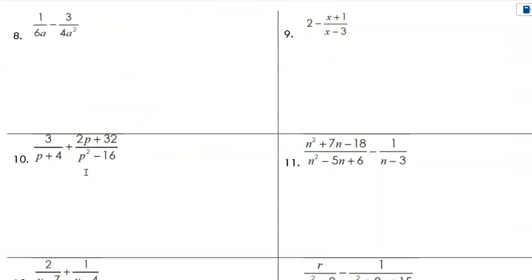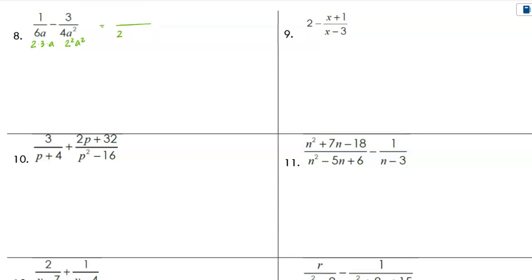Okay, so after we had that little intro into these problems about the least common multiple, let's take a look at these two denominators. So we have a 2 times 3 times a. Those are all the factors of 6a. We have a 2 to the second, a to the second. Now let's figure out our denominator, the least common multiple.